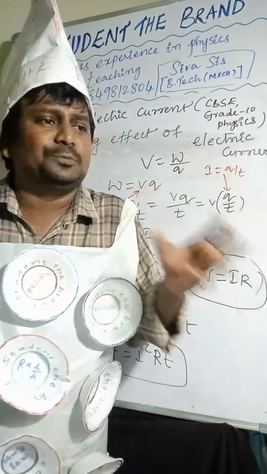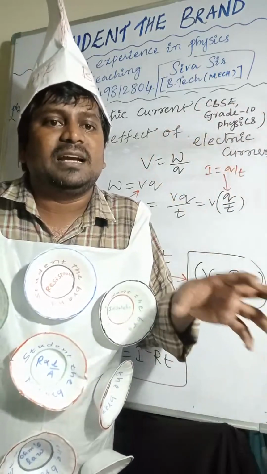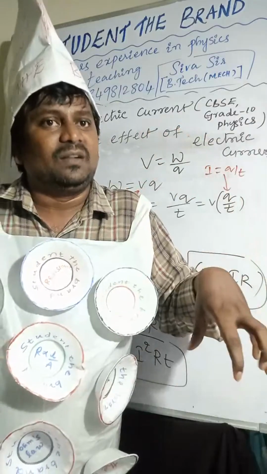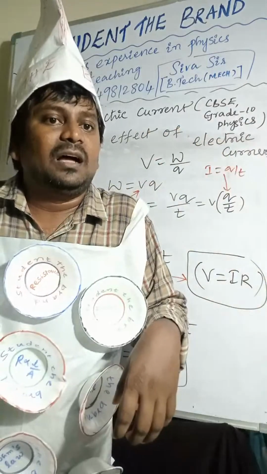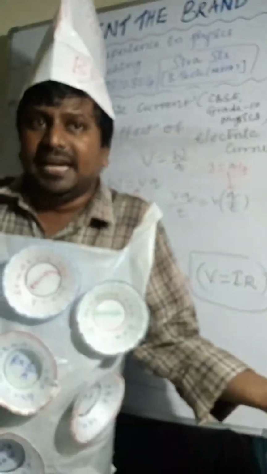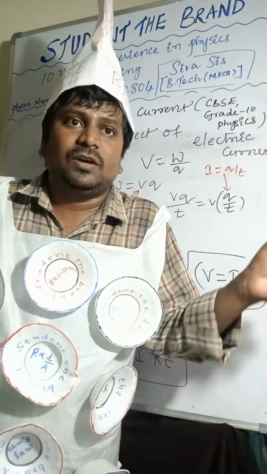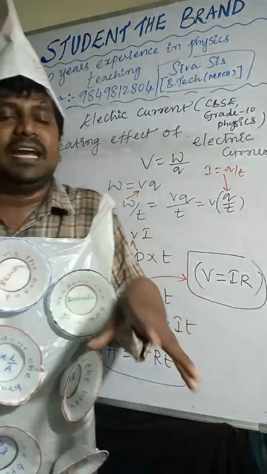If heat is produced from the conductor when the current is passing, and you utilize that heat, the energy consumed is converted into the form of heat. By sending current through the conductor, it converts into heat.